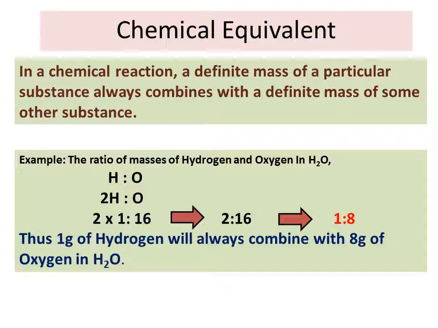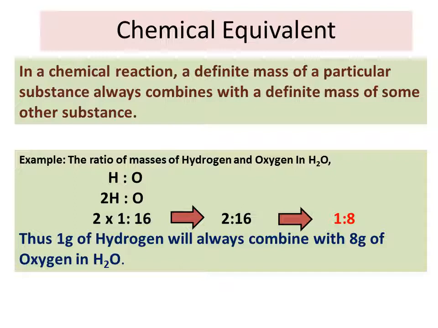For example, let us talk about water. In water, a definite ratio between the masses of hydrogen and oxygen has always been found. So let us calculate the ratio of masses of hydrogen and oxygen. Here in water we have two atoms of hydrogen and one atom of oxygen.